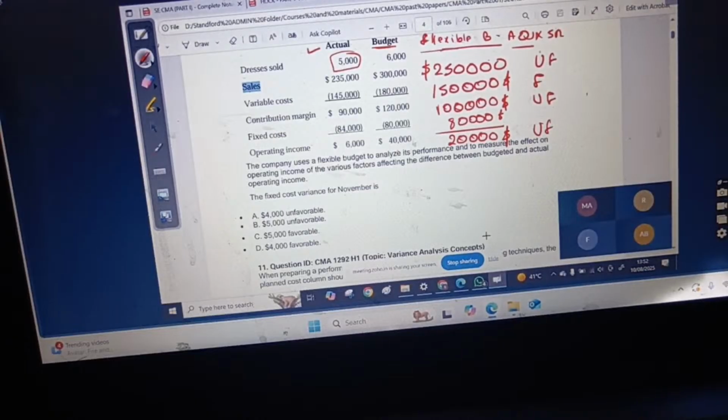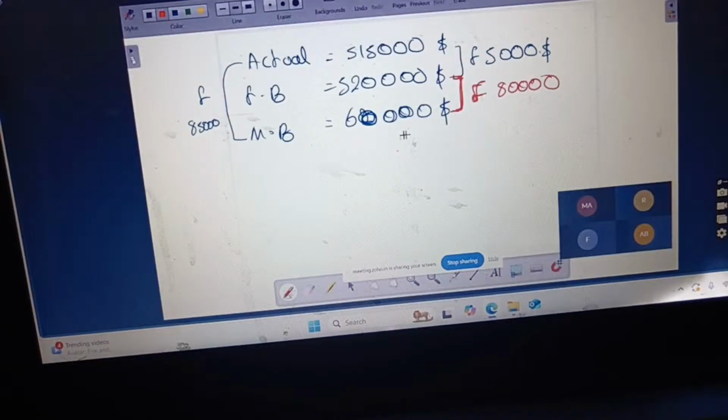What we discussed in this example: this is cost. If the flexible budget is having a lower cost, obviously the operating income will be higher.